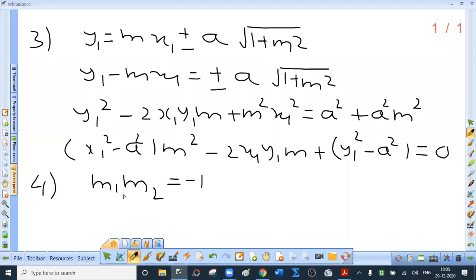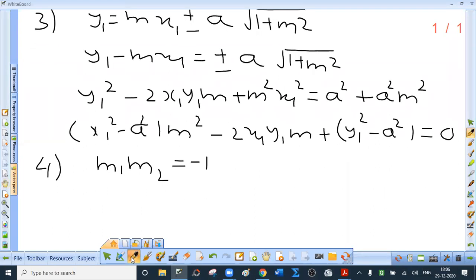But for us, m1, m2 are the roots of this quadratic equation. What is formula for product of roots? Constant term y1 square minus a square upon coefficient of m square. Do you remember that? C upon a. So y1 square minus a square upon x1 square minus a square equal to -1.